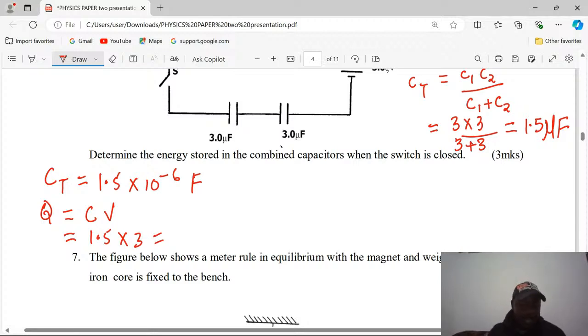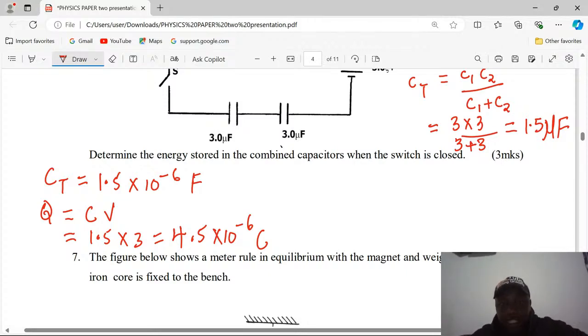So what we get when we multiply by 3 is 4.5 times 10 power negative 6. This is charge. Now we will talk about coulombs. This one will be understood by the candidates who are following us.